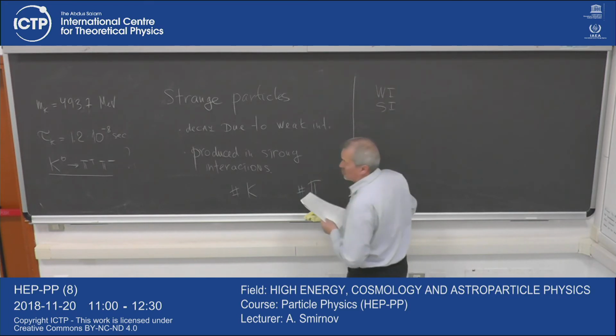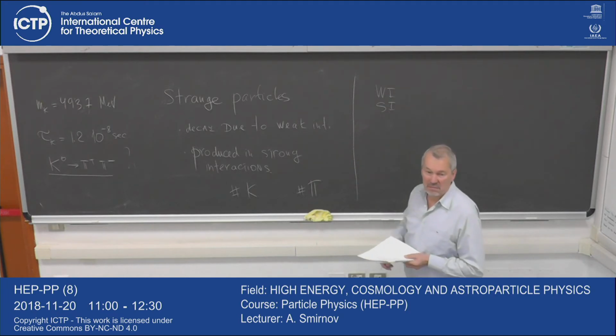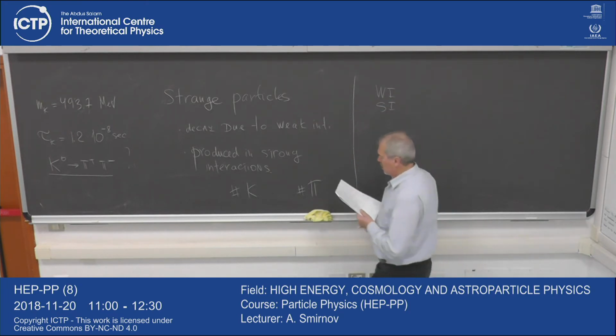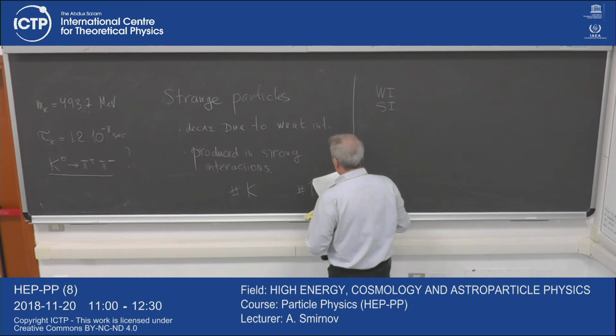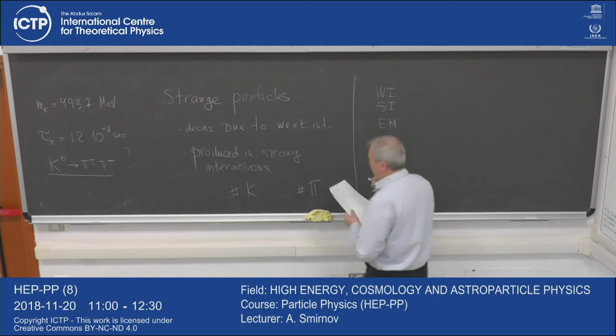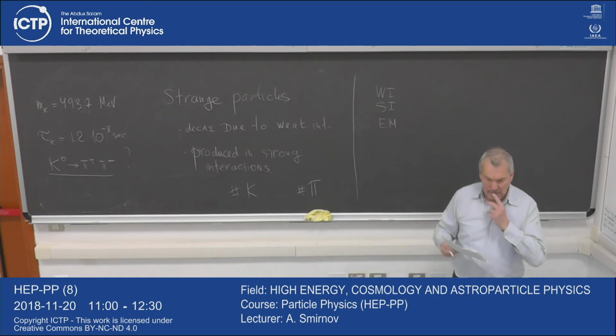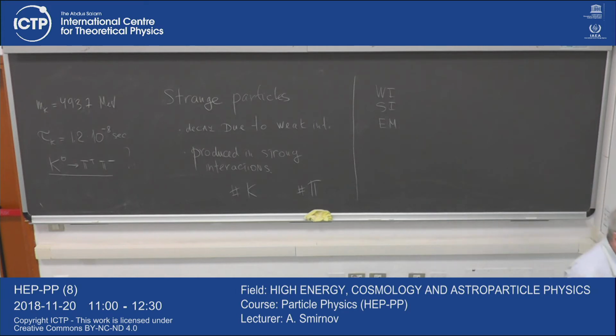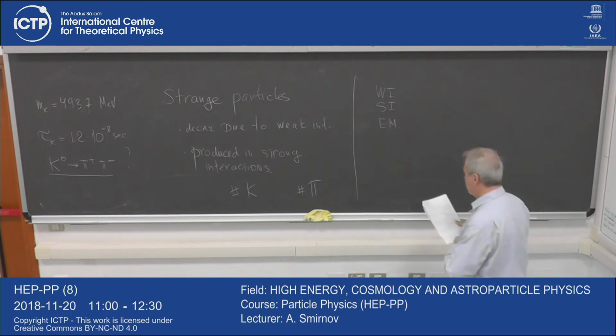weak interaction is responsible for beta decays and processes with neutrinos, strong interaction is responsible for the structure of nuclei, and then electromagnetic interaction. So three types of interactions. These interactions have different conservation laws.